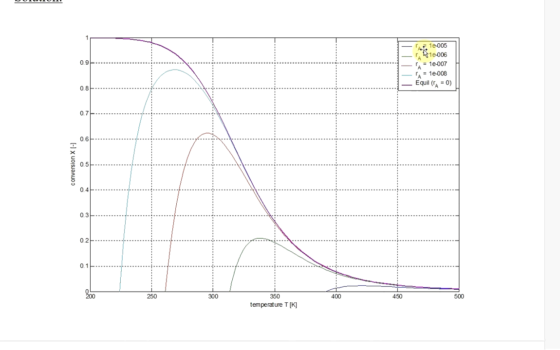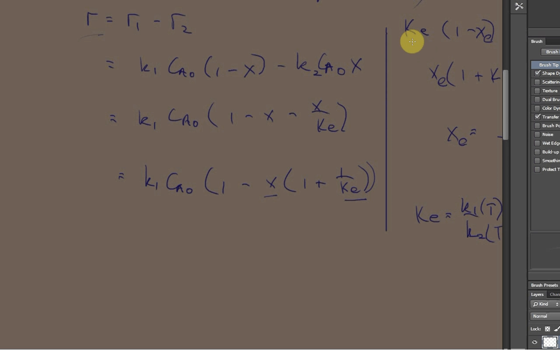If we pick a value for the reaction rate, then we are specifying a constant here, and then we are considering a range of temperatures. If we let the temperature vary, then Ke is going to vary, and then we can solve this equation for x. Because we've fixed a value for r and a set of values for T, that fixes a set of values there.